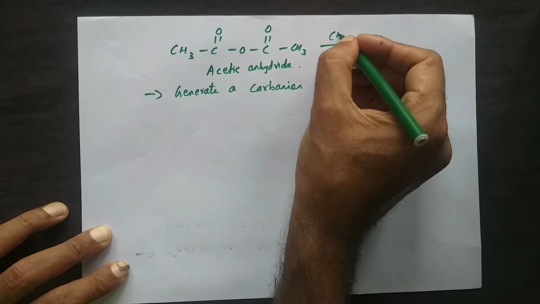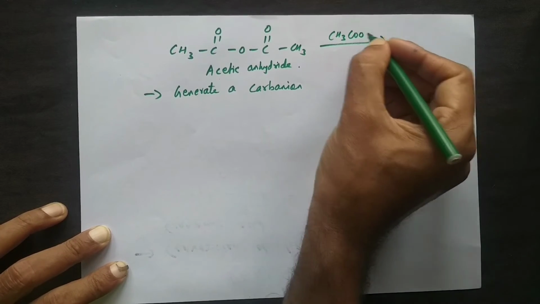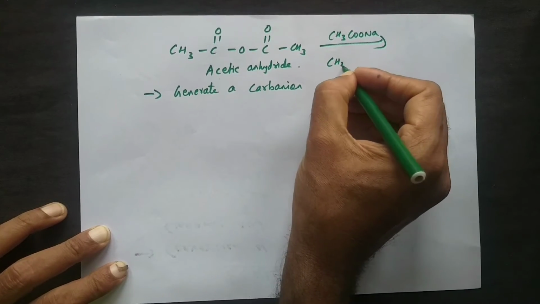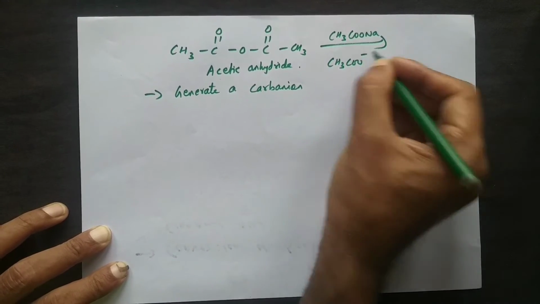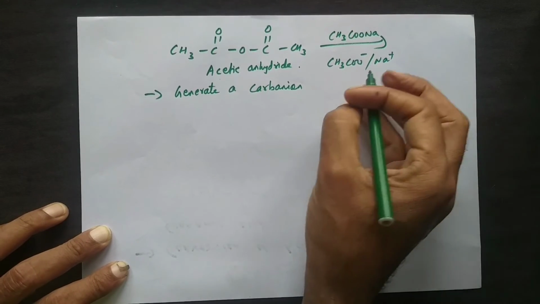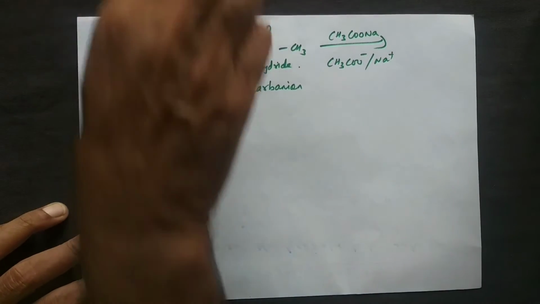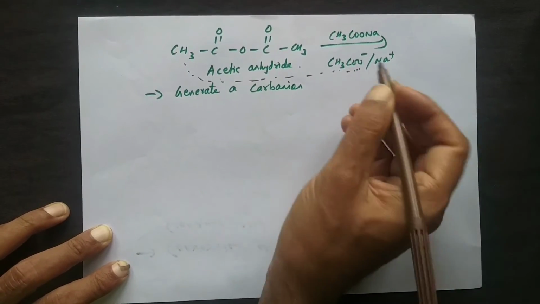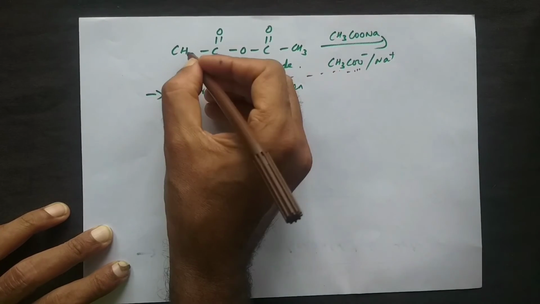In the reaction we are using a base, which is CH3COONa. This CH3COONa can be written as CH3COO minus and Na plus. This base will pull a hydrogen from here.